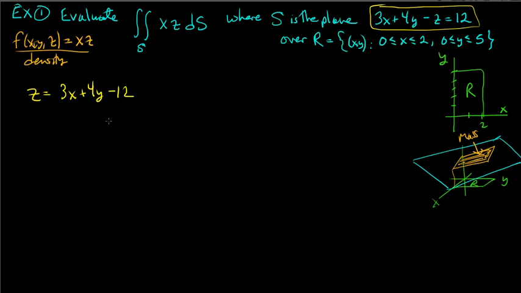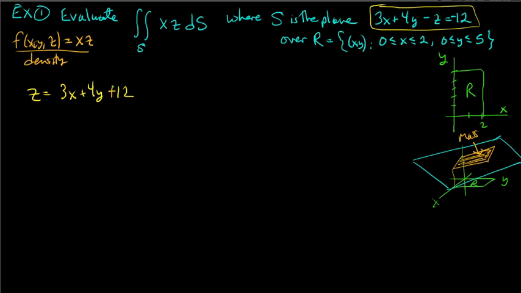Okay, fair enough. You know what? I want to make this positive. So I want to make this negative 12 here, and that makes this a positive 12. It will change the answer, of course, but make that a plus 12.